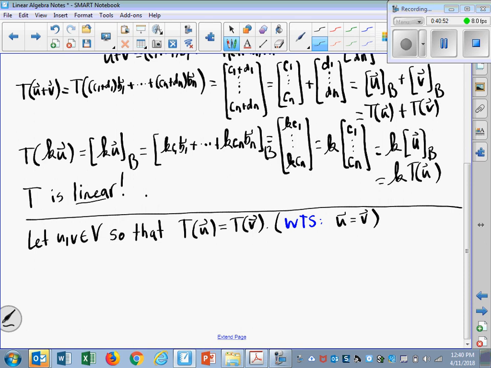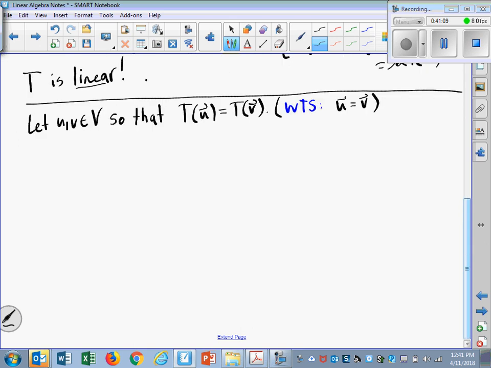Okay. All right. So how do we go about showing this? Well, what this line means, T of u is T of v, then the B coordinates of u have to be the B coordinates of v. They have the same B coordinates.